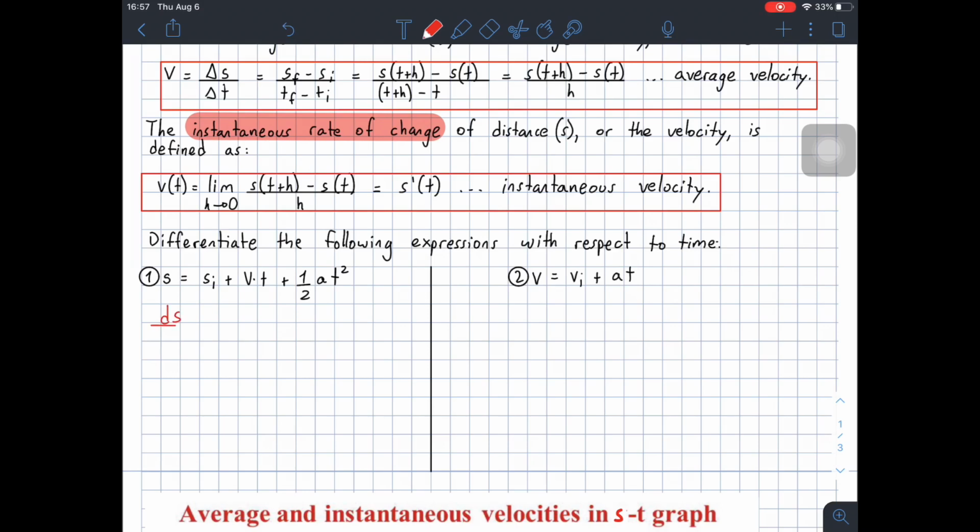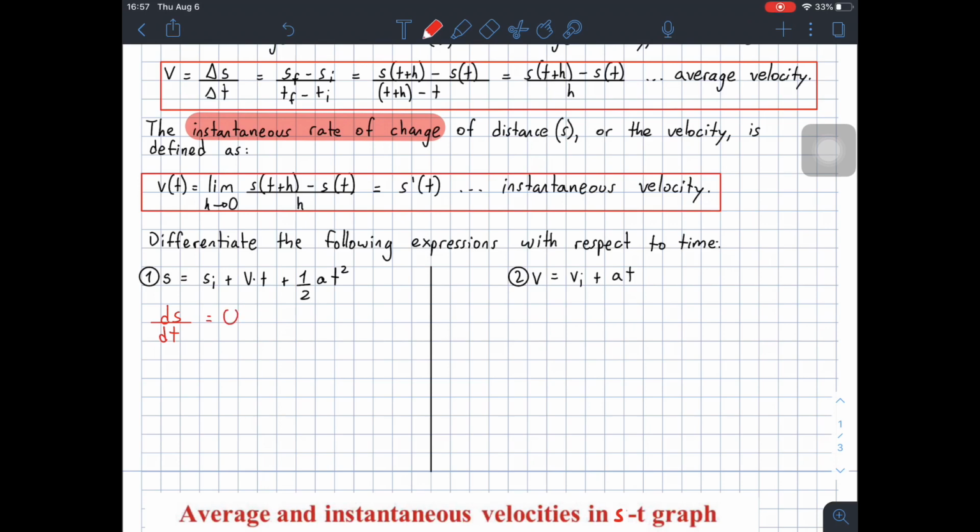ds, the derivative of function s with respect to time, means that time is our variable x. This would be equal to: the initial position is a constant value, always a number, it might be 0, it might be 3, it might be -4, whatever. So the derivative of a constant is always 0.